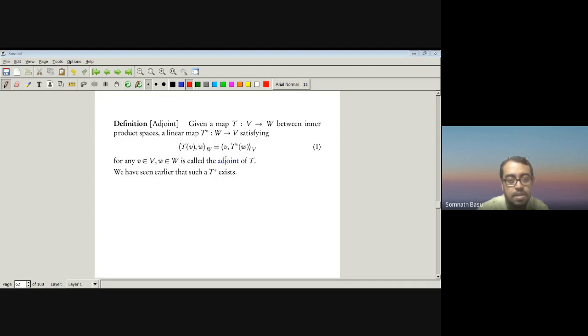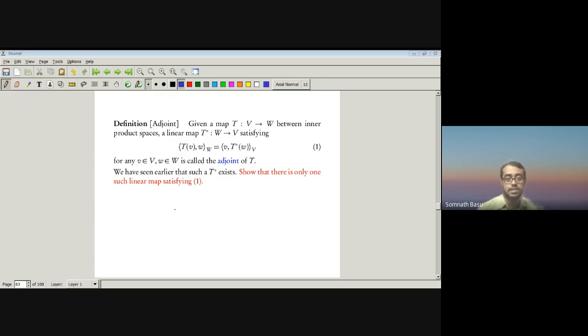So we have seen earlier that such a T star exists, certainly. And in fact, if you have two such maps, S1 and S2 from W to V satisfying this thing, you can check using the fact that the inner product is positive that there is a unique such map. Because if you have two such maps, S1 and S2, what is the claim?